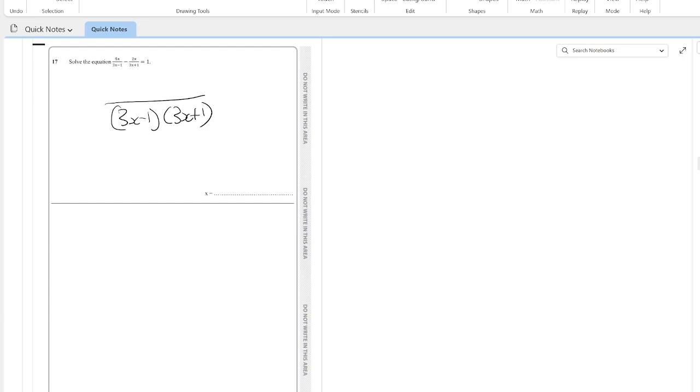And so what goes on the top? Well, let's take 5x over 3x minus 1. Now, how do you convert this into a fraction with denominator 3x minus 1 times 3x plus 1? Well, in order to go from the first fraction to the second fraction, we're just multiplying top and bottom by 3x plus 1.